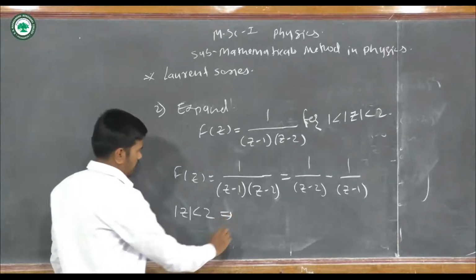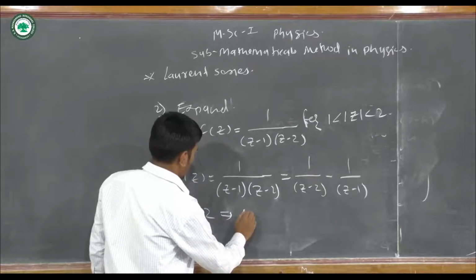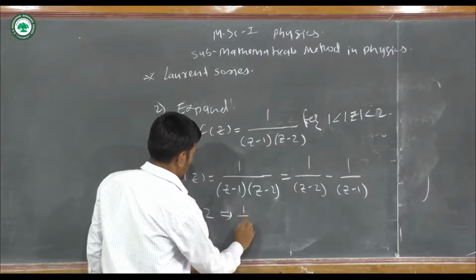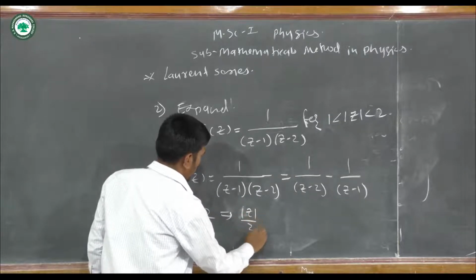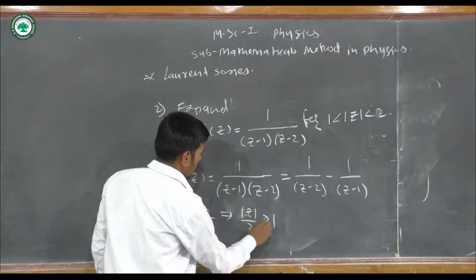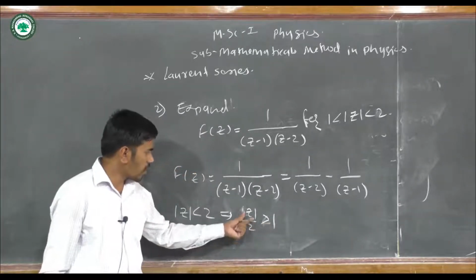This implies mod z by 2 is less than 1. Okay, so this implies we can write it in this form.